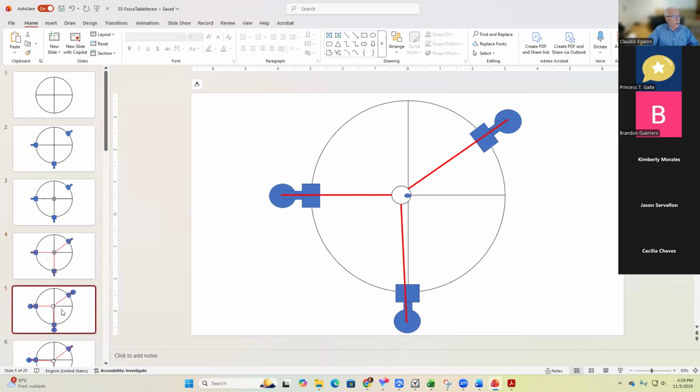Here are the masses loaded, m1 and the angle theta 1, m2 and the angle theta 2. What's going to be variable is this mass m2. We're going to vary this mass m2, and we're going to find the corresponding mass m3 and the angle. That's what we're going to do in this experiment.